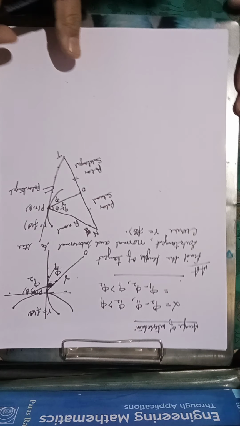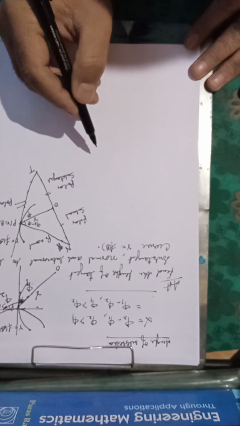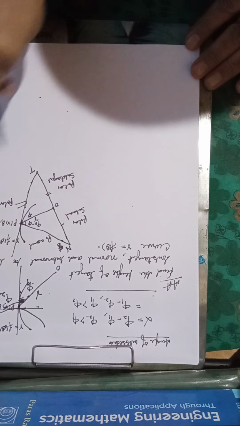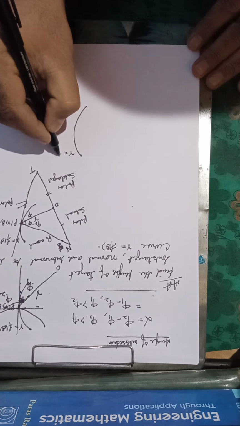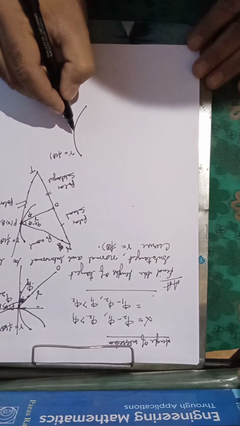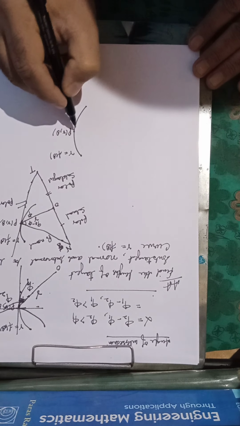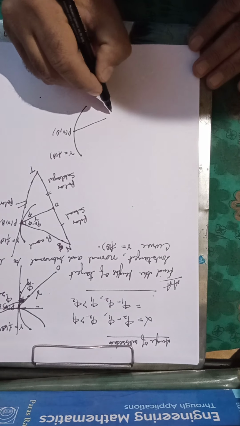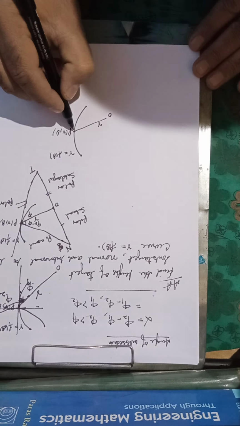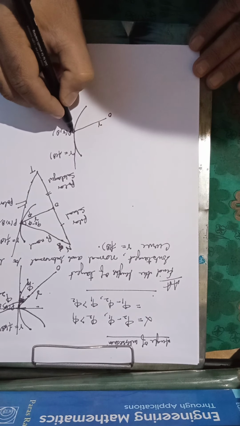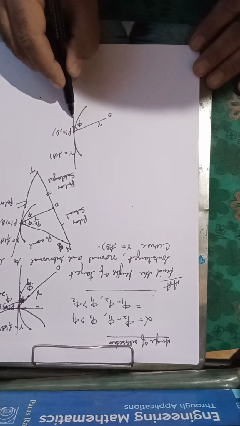Let me again explain this so that you will not get confused later. This is the curve r equal f theta. This is the point P (r, theta). This is the pole. This is r. This is the tangent to the curve, and this is phi, the angle between tangent and radius vector.